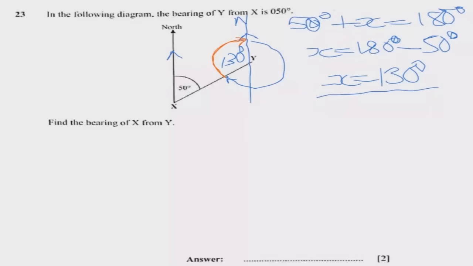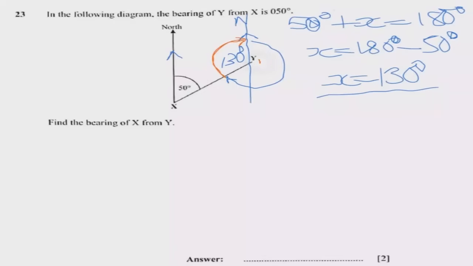So when you combine 130 plus the bearing we want to find, it should give us 360 degrees. So next we are going to use the property which is angles on a point add up to 360 degrees.